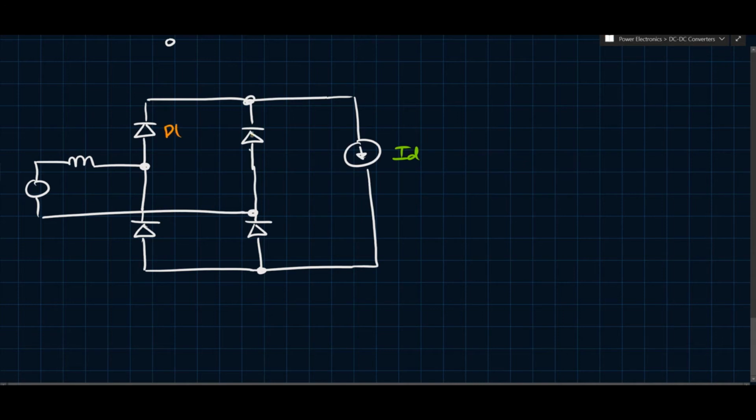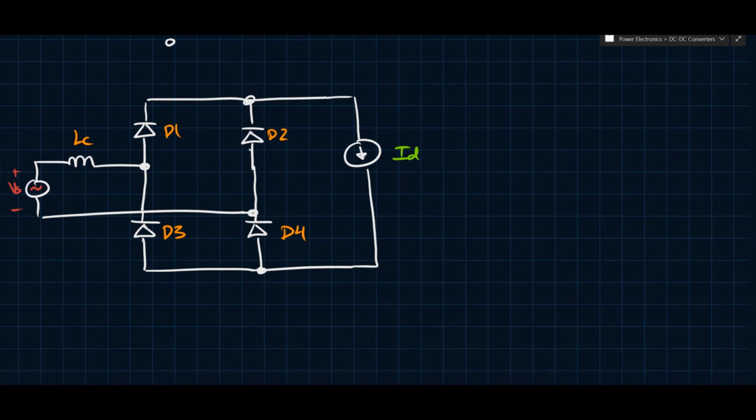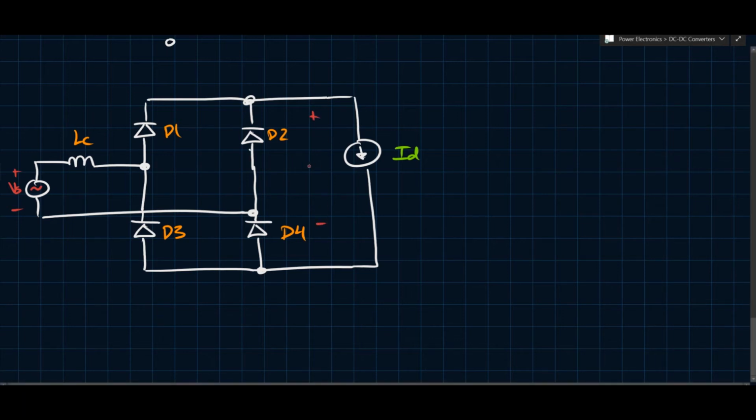And again, this is D1, D2, D3, D4. We can call this LC, and this is again going to be VS. It's a sinusoidal voltage, and obviously the output voltage here is VD, between there and there, right?